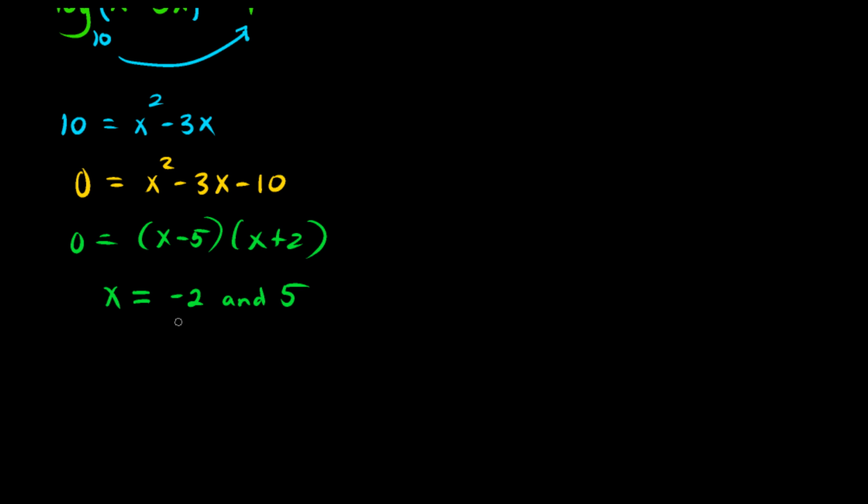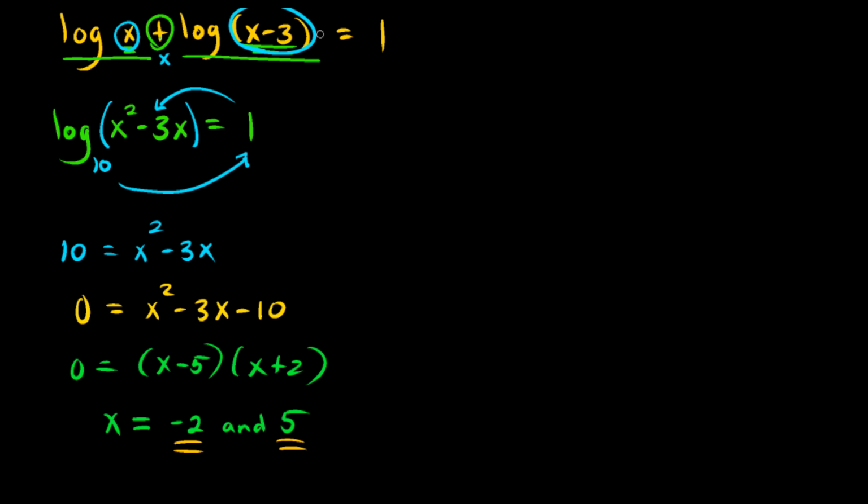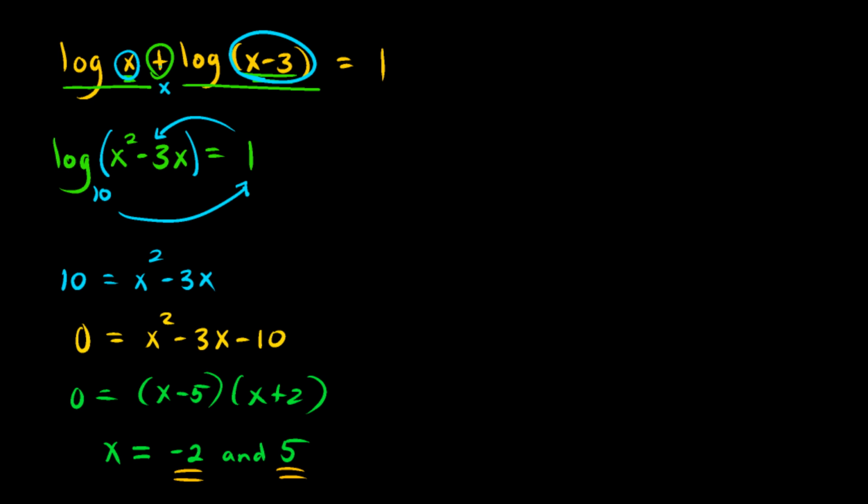We have to check both of these. So we have to go back into the original problem and check to see if negative 2 and positive 5 would create n being negative. So this was our original problem. Let me go up a little bit.